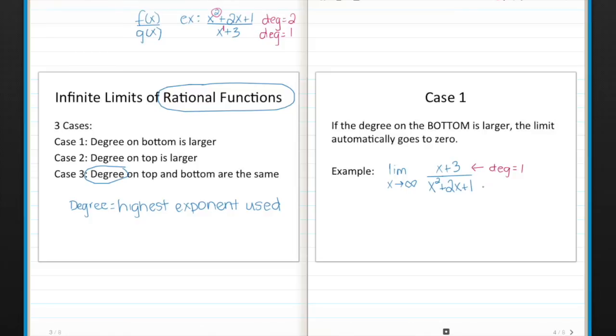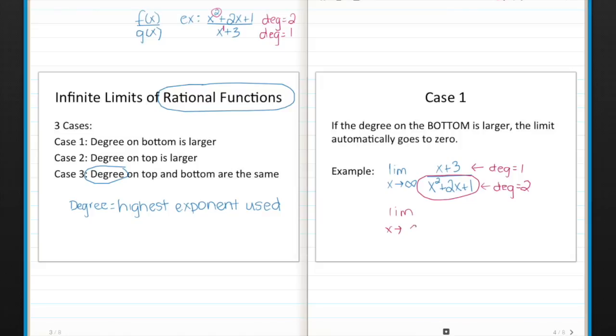This will help us determine if it fits the case. The degree on top would be 1, just like we determined a few moments ago. And the degree on bottom would be 2. That means the degree on bottom is larger.